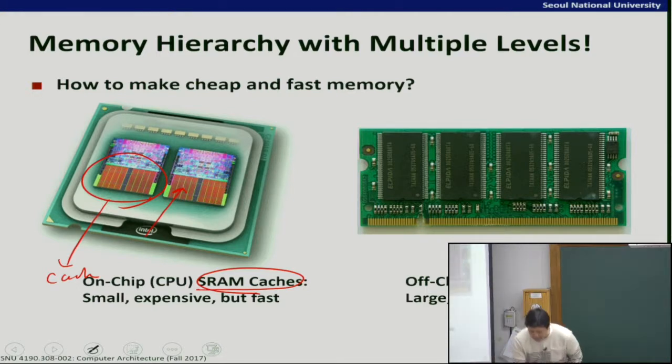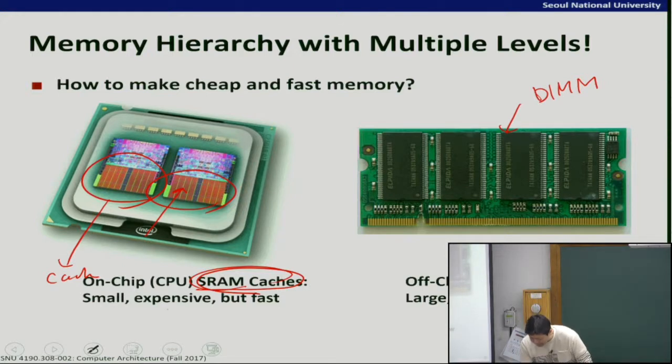So this one is, by the way, the cache. And the off-chip DRAM, by the way, this is a DIMM, dual inline memory module. This off-chip DRAM is large, cheap, but really slow. And this on-chip cache is small, expensive, but fast.